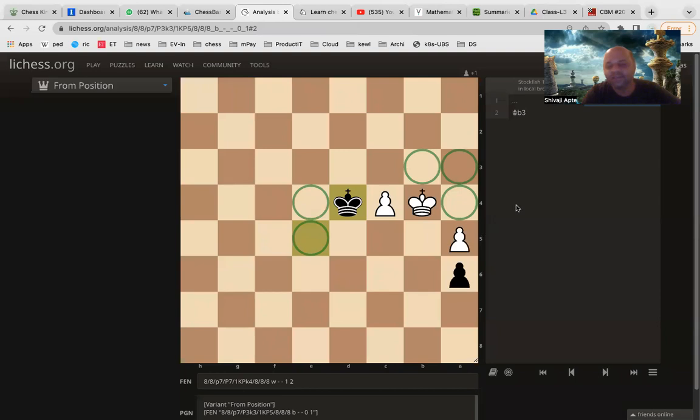So let us see here. See what happens is, so white king went here. These and these are corresponding squares. These and these are corresponding squares. So the moment white went to a3, right? Let's go back.